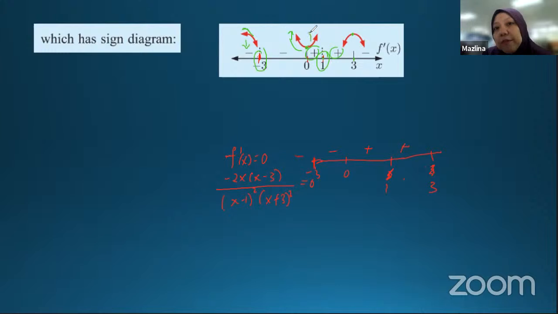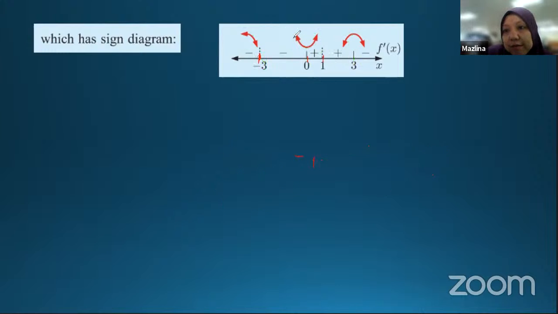This curve is concave up, but here, after one is concave down. Ya? Yeah? So ni adalah kita punya point of inflection ataupun inflection point ya. Negative 3 and also 1. Walaupun gradient dia tak berubah ya. Okay. Any question? Yeah. So for this case class, we see here, we go further. Okay.